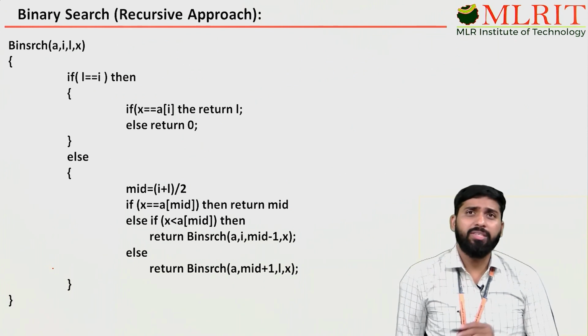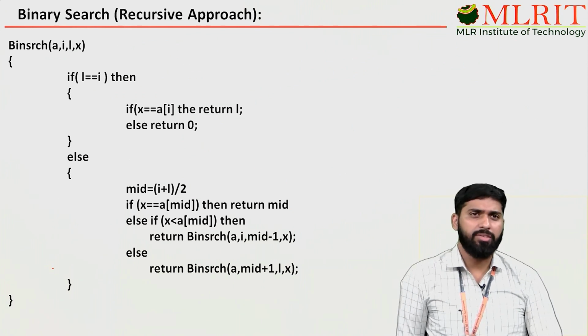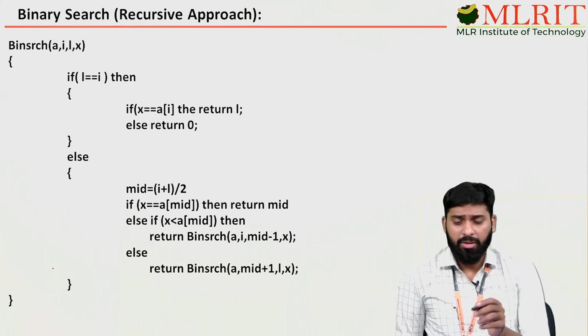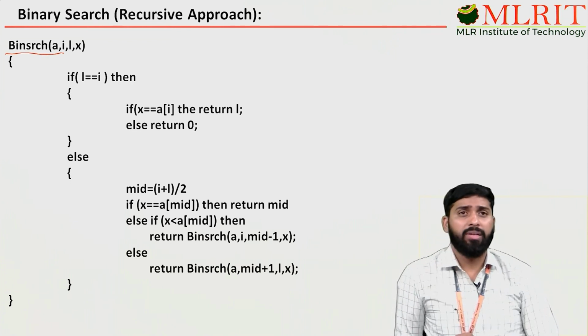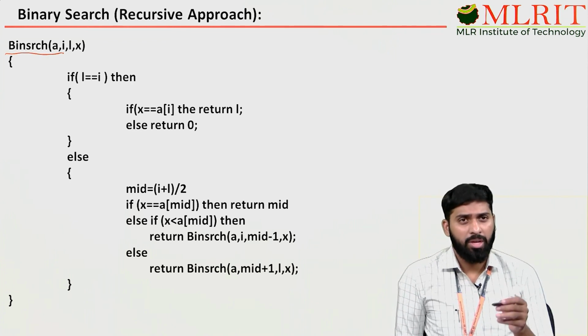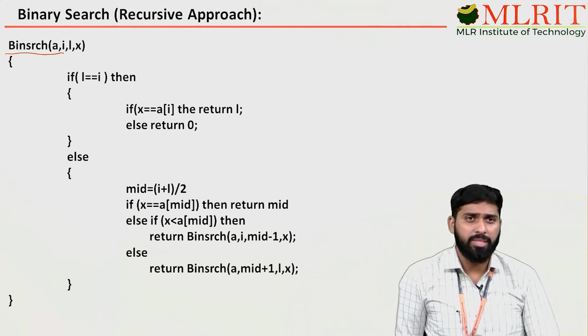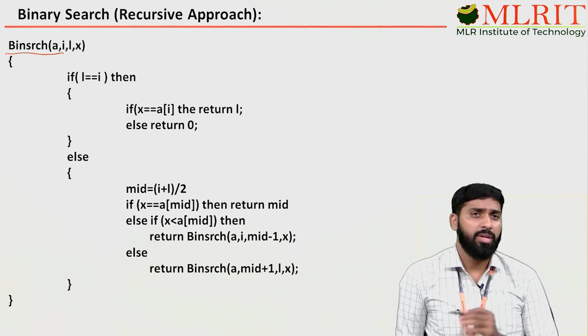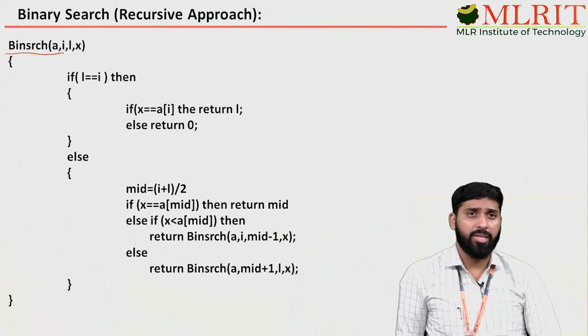So next one is the recursive approach. Recursive approach means here we define a function binary search. This function calls the same function. That means a function calling itself is known as a recursive function. The binary search function calls the binary search function. That concept we call the recursive approach.